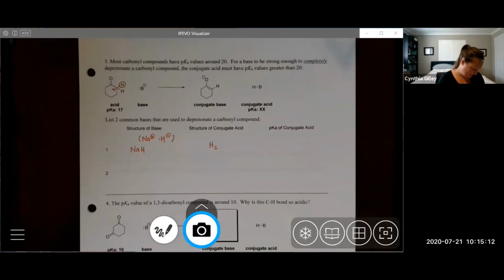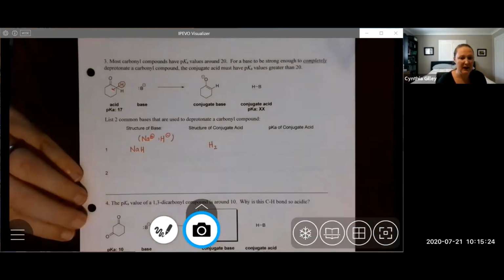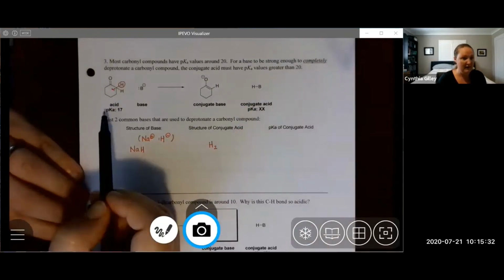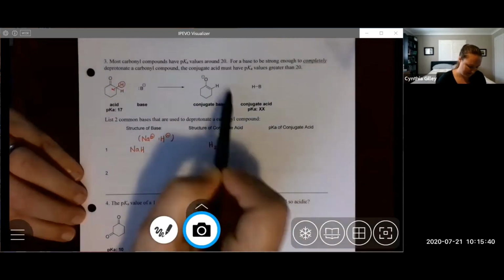Well, I'm not finding it quickly. All right, I will update this later with the pKa of that, but it's pretty high. I think it's like high 30s or low 40s, something like that. So it's much higher than the acid, so equilibrium would definitely favor the products here, and we would get complete formation of the enolate.